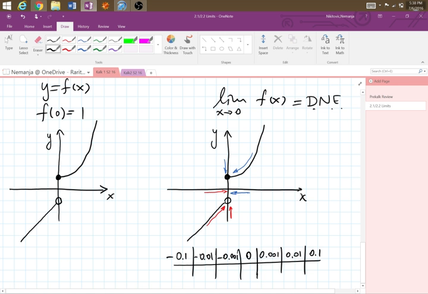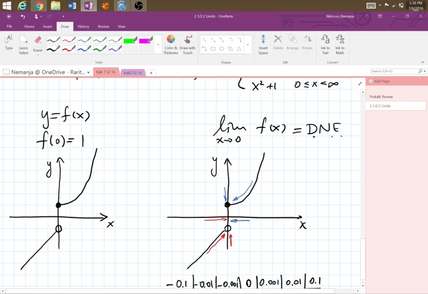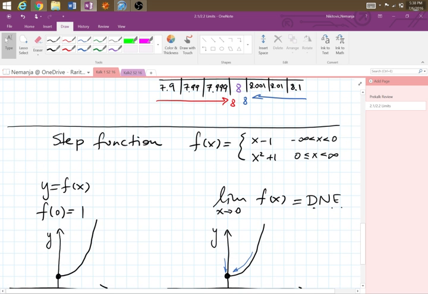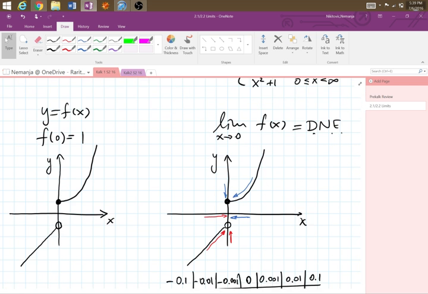Now we get to compute these values in the piecewise function. Negative 0.1 belongs here because it's between negative infinity and 0. It's a negative number, so we use this piece to compute the value. So negative 0.1 minus 1 is what? Very good.